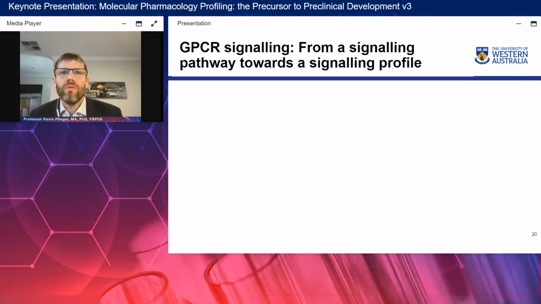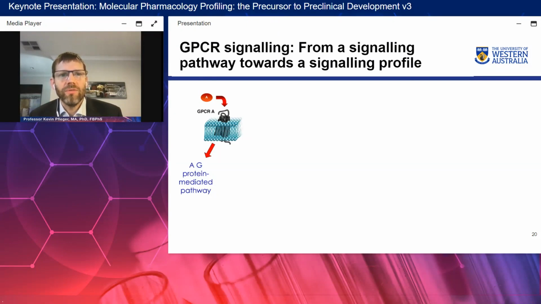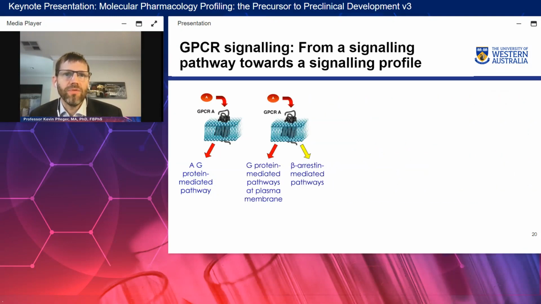So we've changed over time. We've changed our thinking. We've gone from talking about a GPCR having a particular G protein mediated pathway, so talking about angiotensin receptors being GQ coupled, for example, to this idea that each individual receptor can potentially couple through different G protein mediated pathways at the plasma membrane, but can also potentially activate arrestin mediated pathways inside the cell.